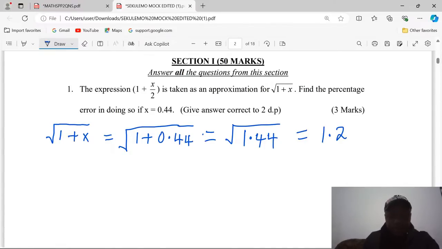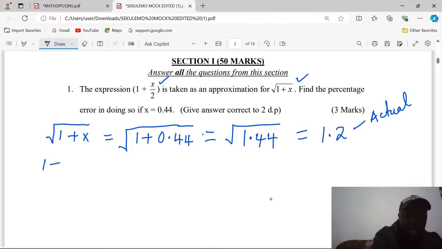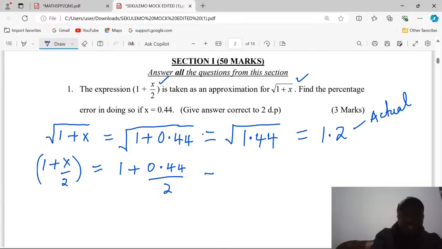After that, remember that is now the exact value, but we have an expression here which is taken to be the approximation for this one. So this is the actual value. What about estimation? Somebody estimated it as 1 plus x over 2. This will be 1 plus the value of x, 0.44, divided by 2.